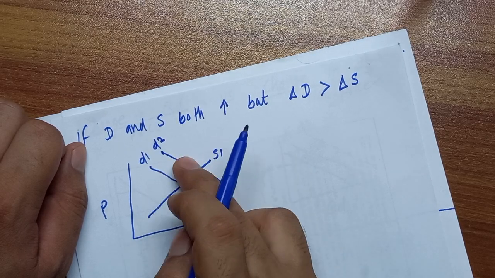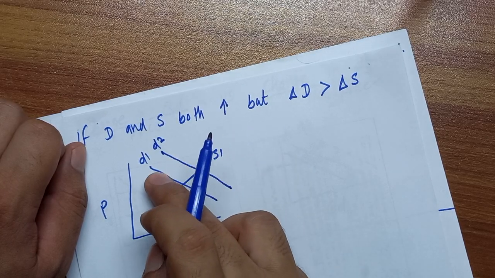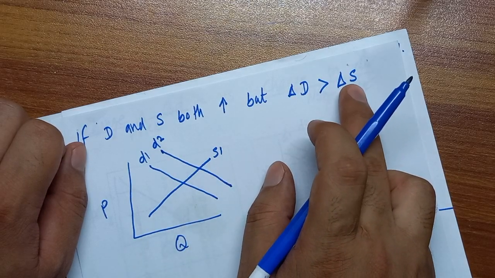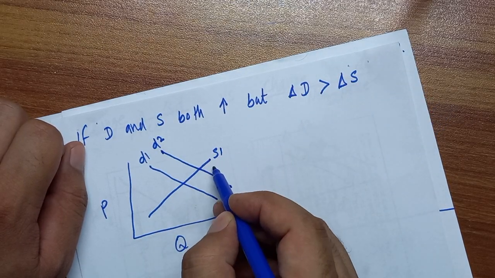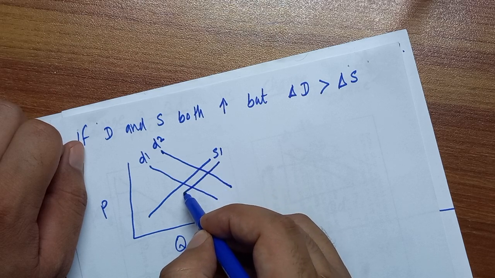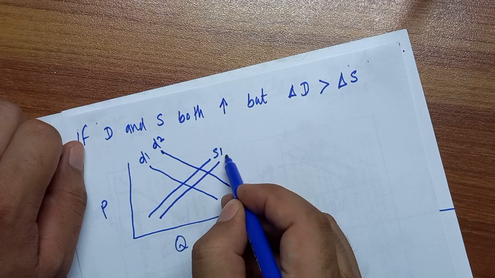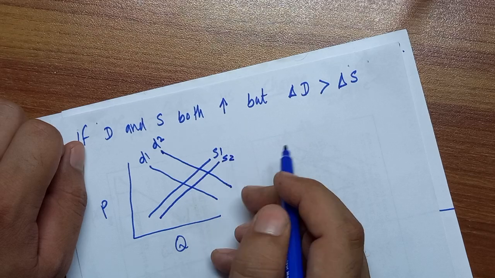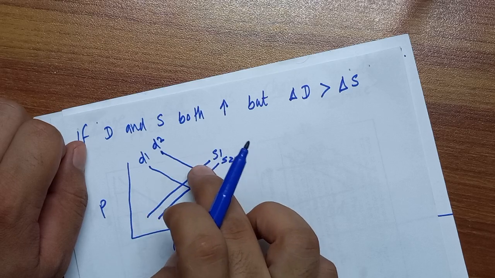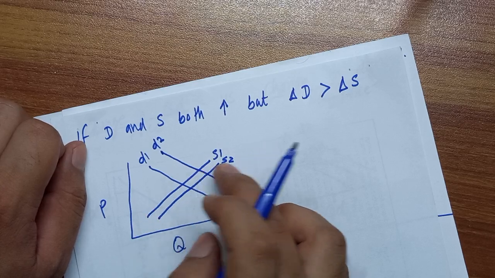Here we have more change from D1 to D2, and in supply we have less change, so we will draw closer to the original line. This is S2. So these lines show the more change and this shows the less change.